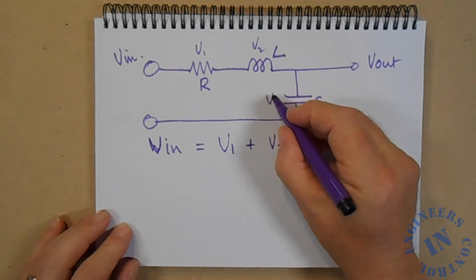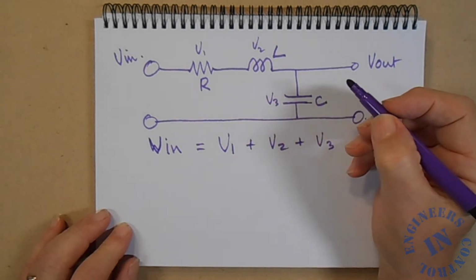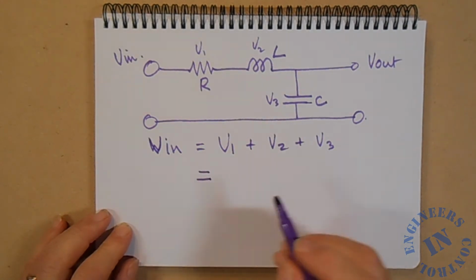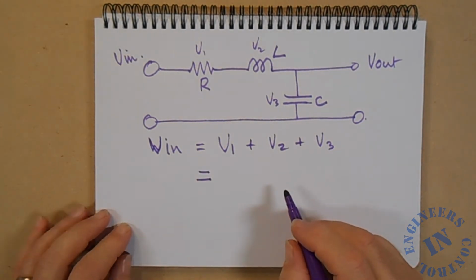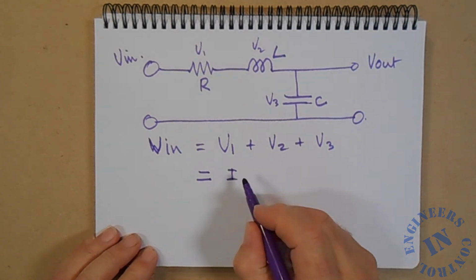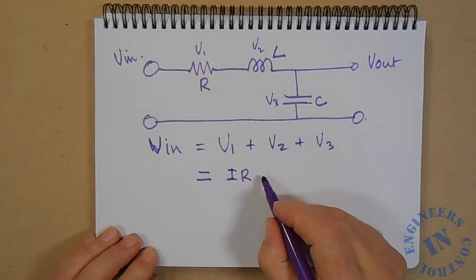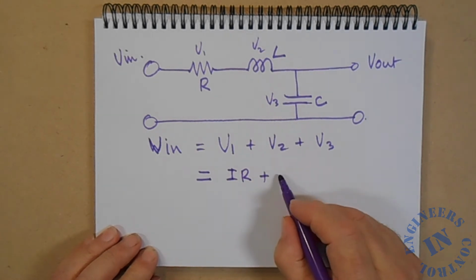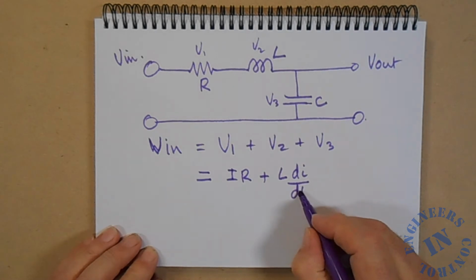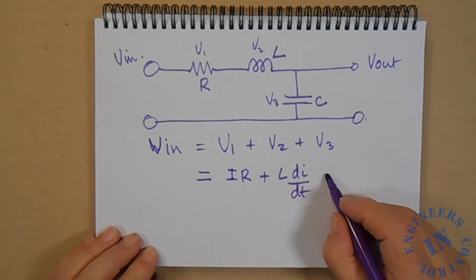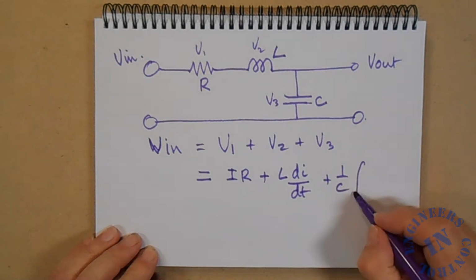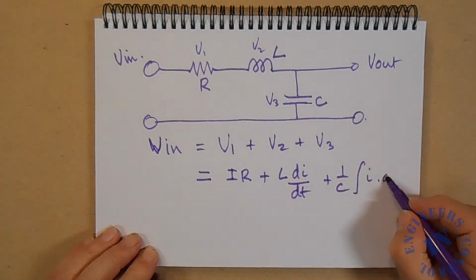Using our differential equations that we saw in the chart, V in is going to be IR by Ohm's law plus L di by dt plus 1 over C integral I dt.